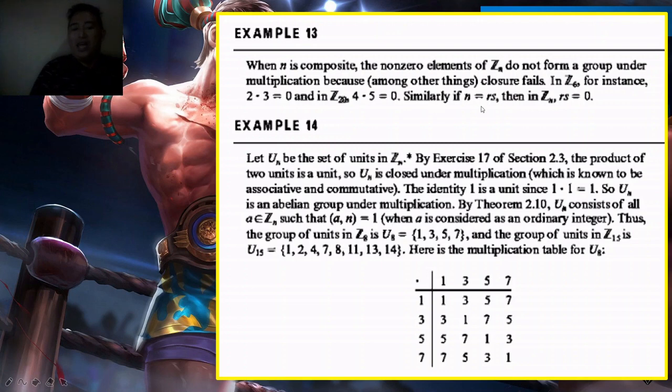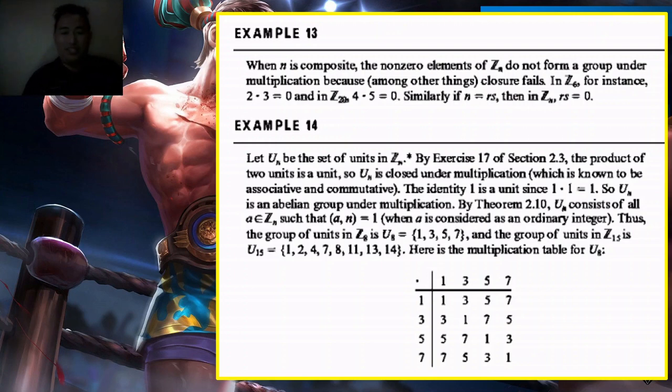So similarly, if rn is equal to rs, then in Zn, rs is equal to 0. So, factor class ni sa n, katong r o s lang ang product kay 0. Example, Z15. So, 15 is equal to 3 times 5, so 3 times 5 is equal to 0 in Z15.